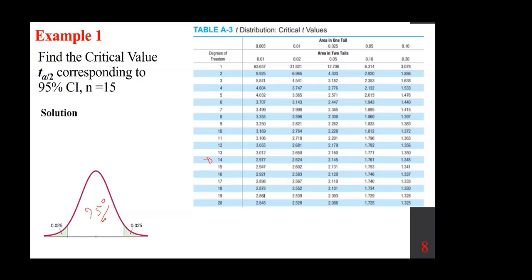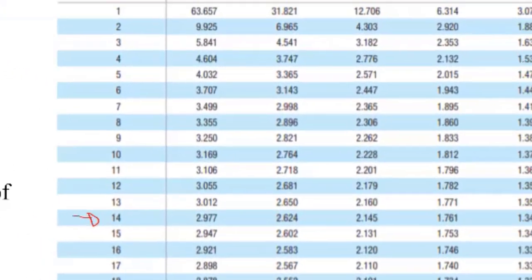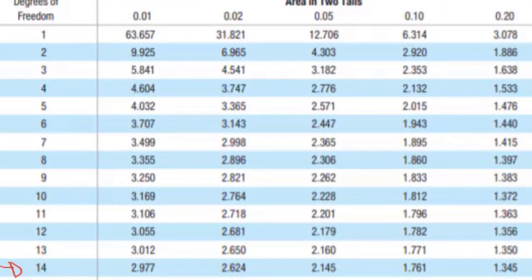Which one is the answer? When you look at your confidence interval is 95%. The area in one tail is 0.025 and in two tails is 0.05. And you put them together, you have the answer. So degrees of freedom is 14, 95% confidence level, alpha is 0.05, area in each tail is 0.025.